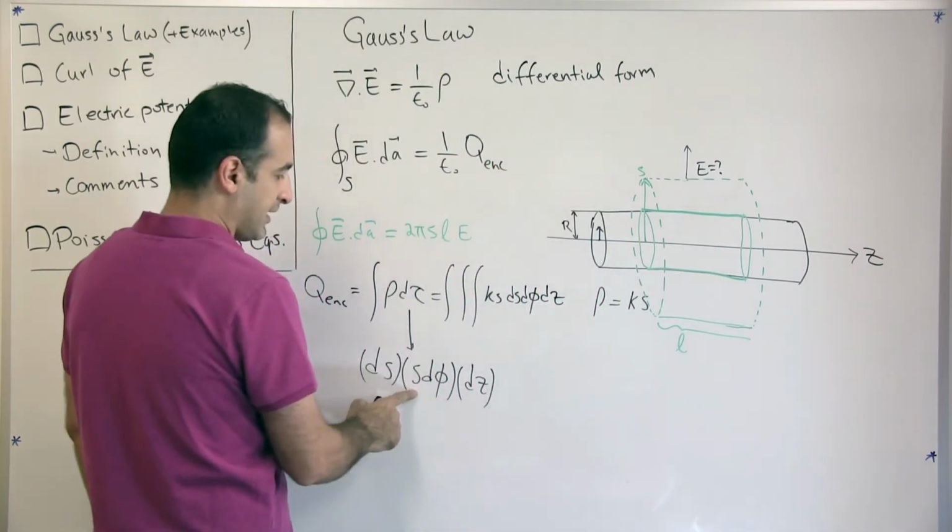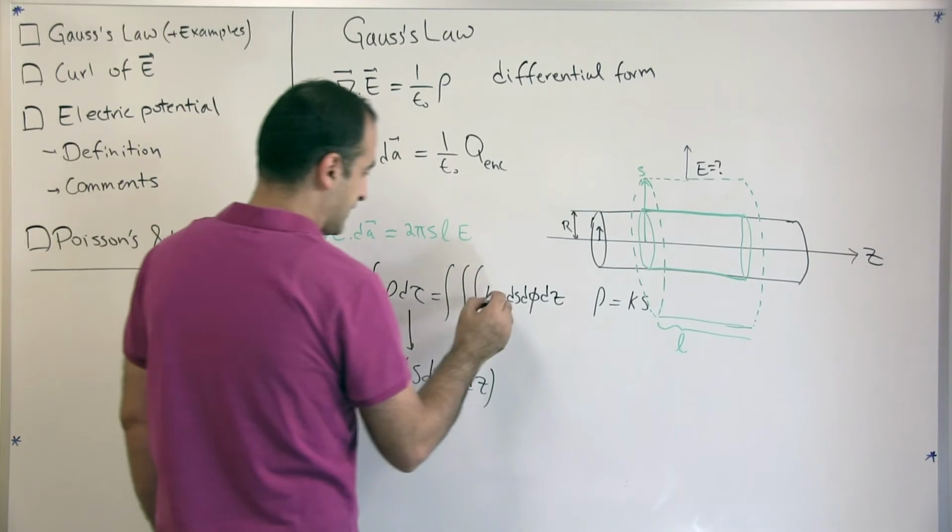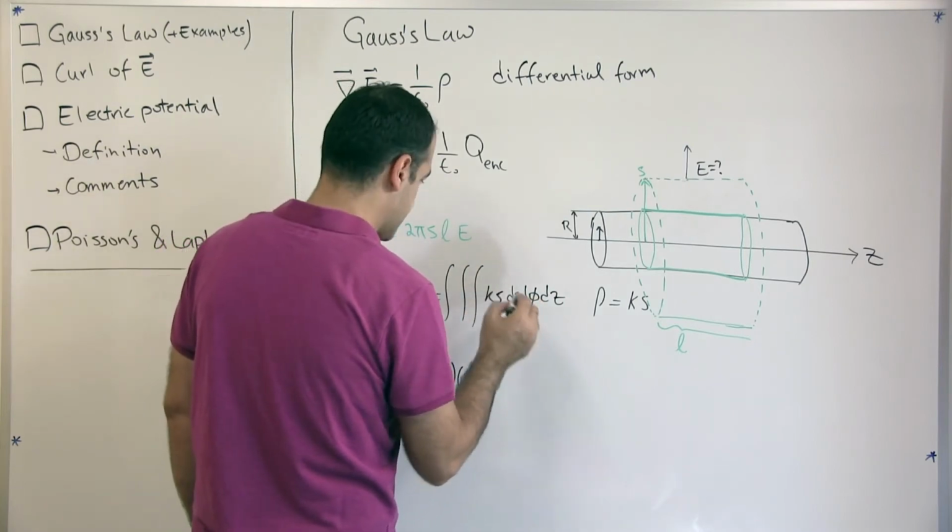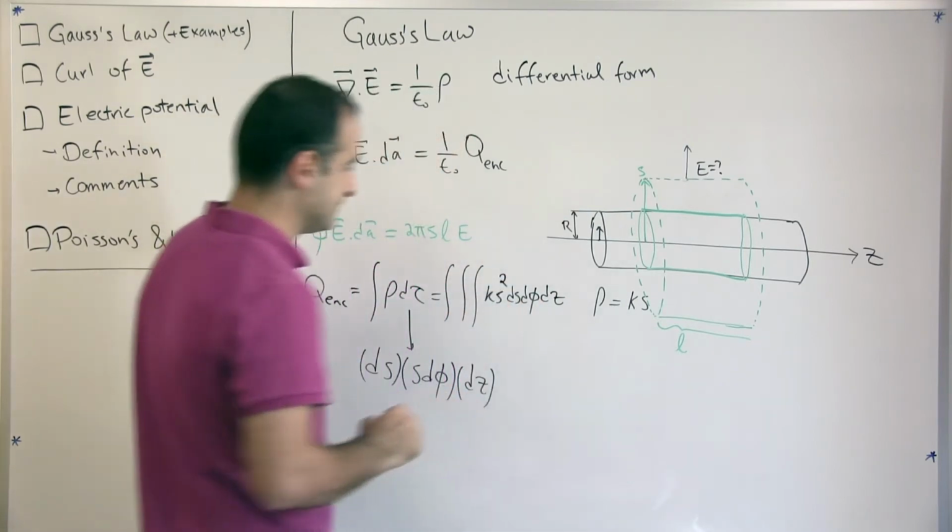We have one more S from the azimuthal infinitesimal displacement, and that makes it K S squared.